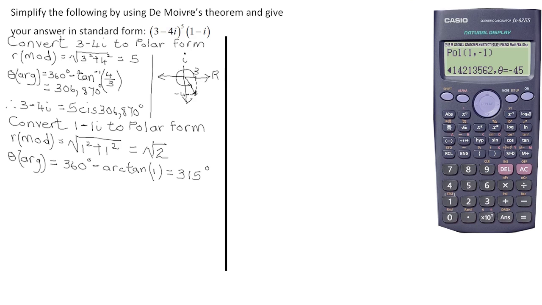Now both these are in polar form, so now only we can apply De Moivre's theorem.